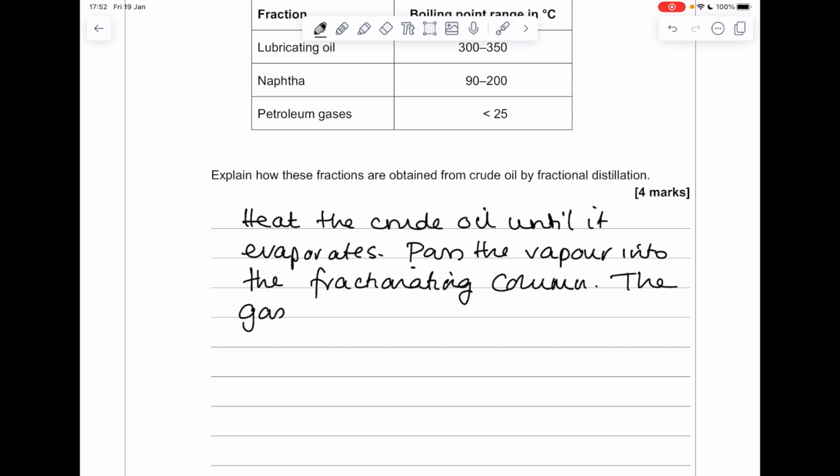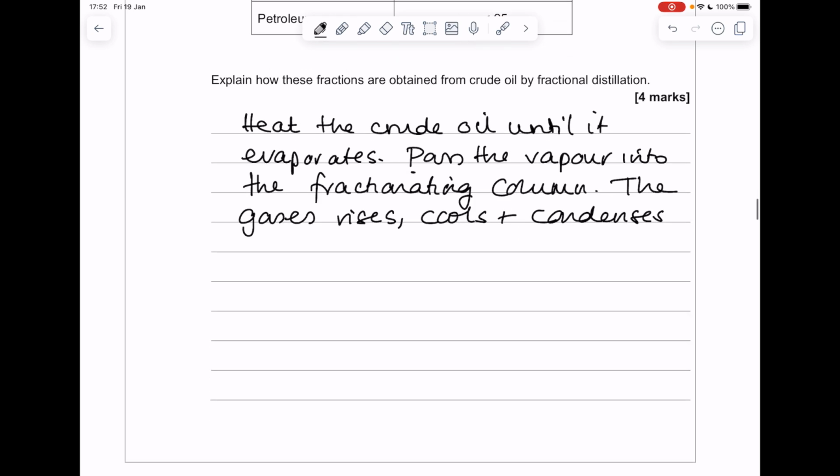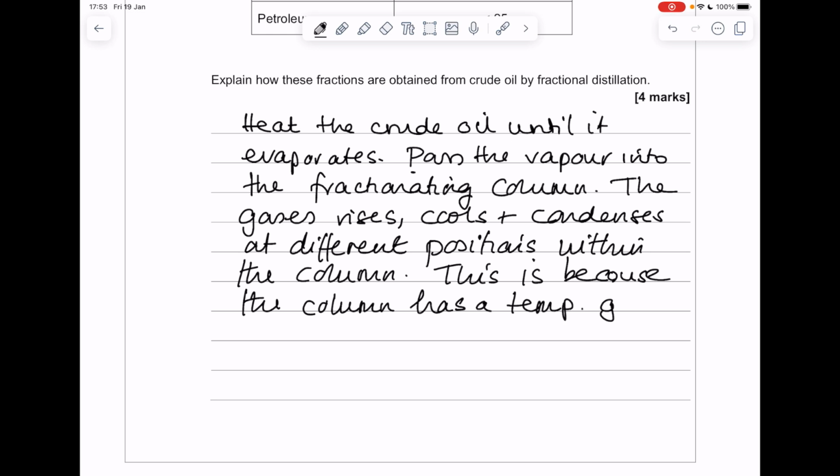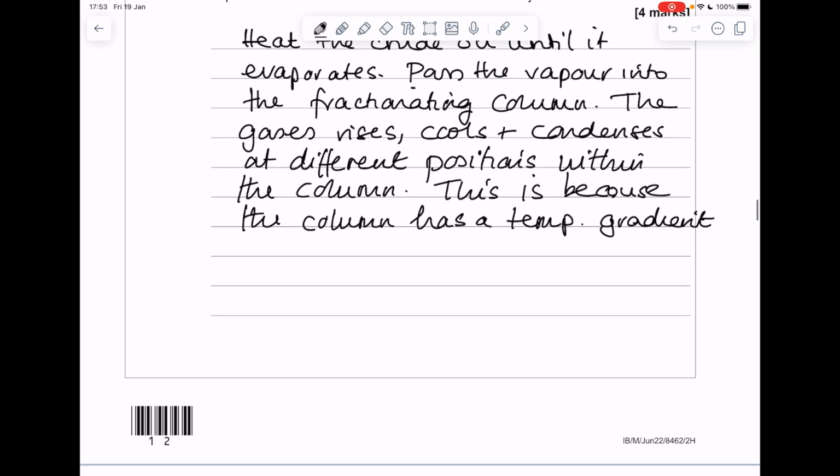The gas rises, cools, and condenses at different positions within the column. This is because the column has a temperature gradient and the fractions have different boiling points.